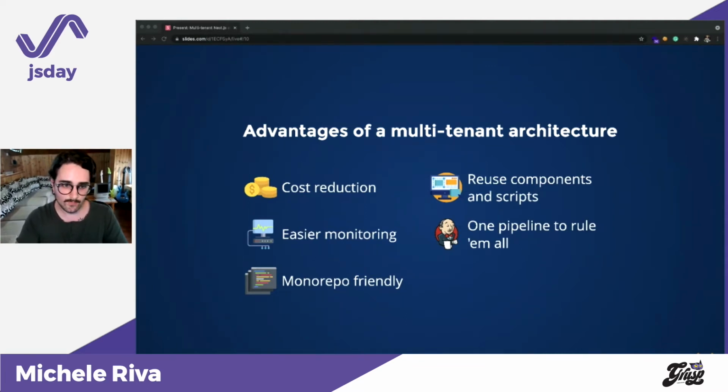profit. It will be easy for us to monitor a multi-tenant architecture. And that's because, imagine again, we have 1,000 different websites. On a single tenant architecture, we will have to monitor every single web server. And if we want to balance the load for some website, we have more than 1,000 web servers for 1,000 websites.